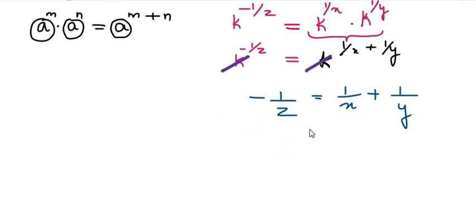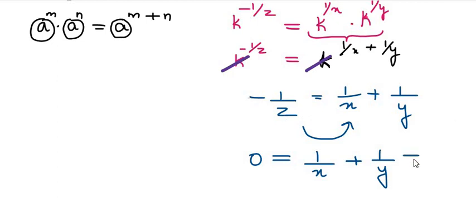Now let us take 1 over z to the other side. So the equation becomes 0 equals 1 over x plus 1 over y, and minus 1 over z becomes plus 1 over z, since no terms are left on the left side, so we take it as 0.